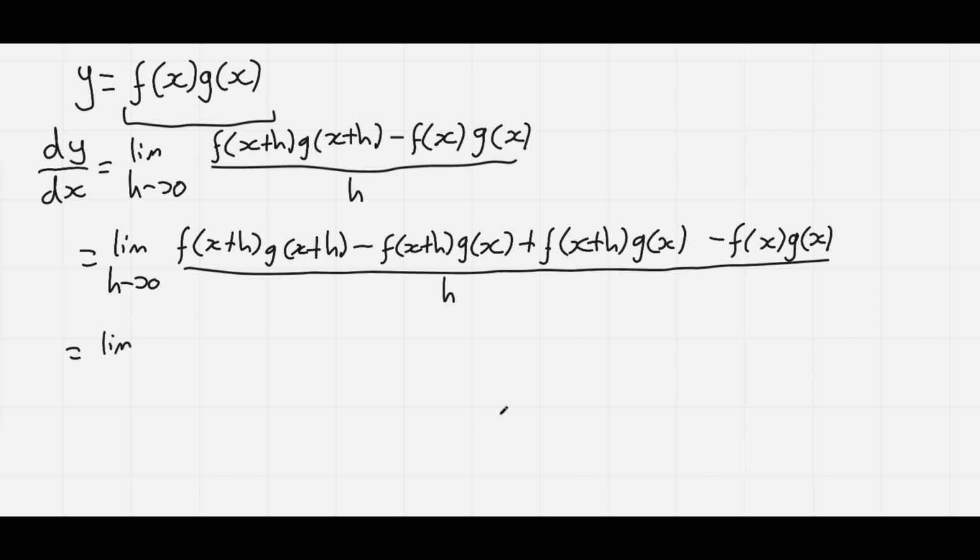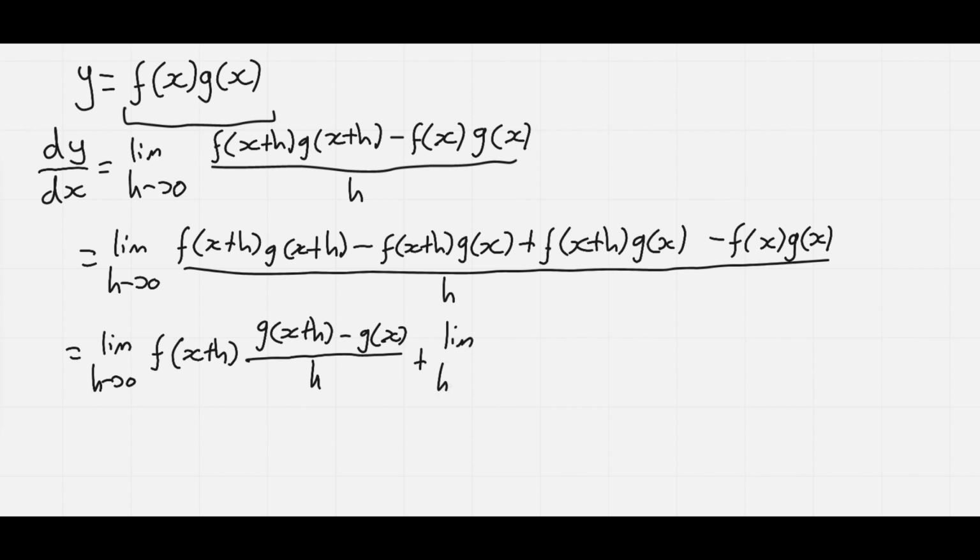Now on my next line, I've got the limit as h approaches 0. What I can realise is I can take out a factor of f of x plus h. So f of x plus h, then we've got g of x plus h minus g of x over h, plus, and I'm going to introduce a new rule that I can just add a limit notation here.